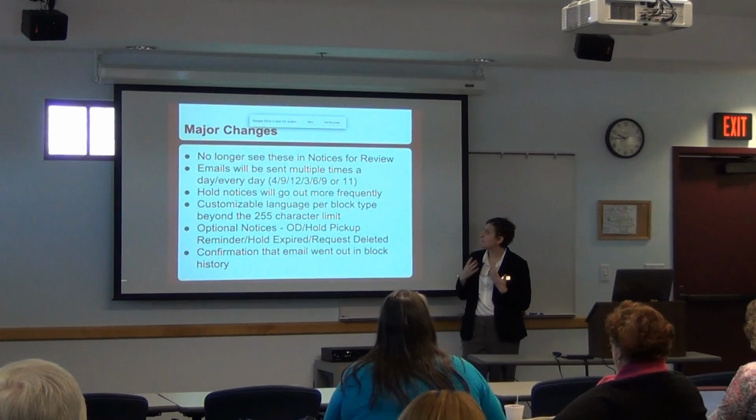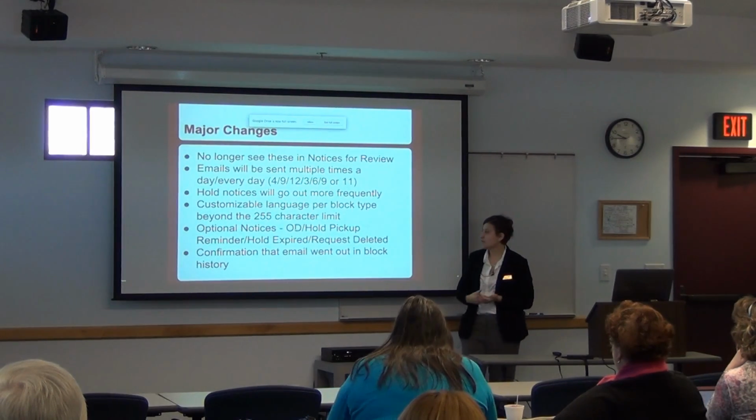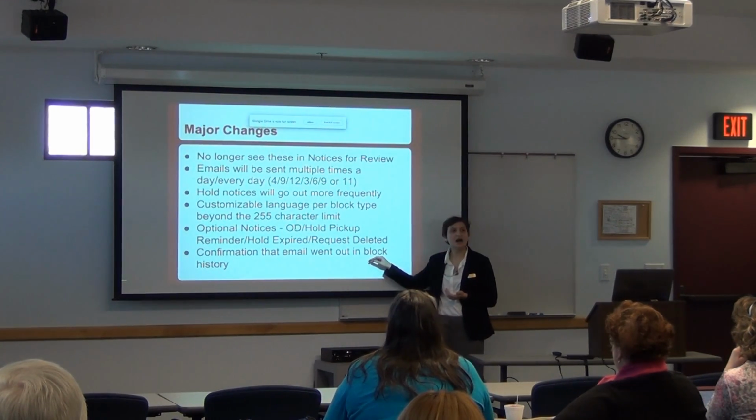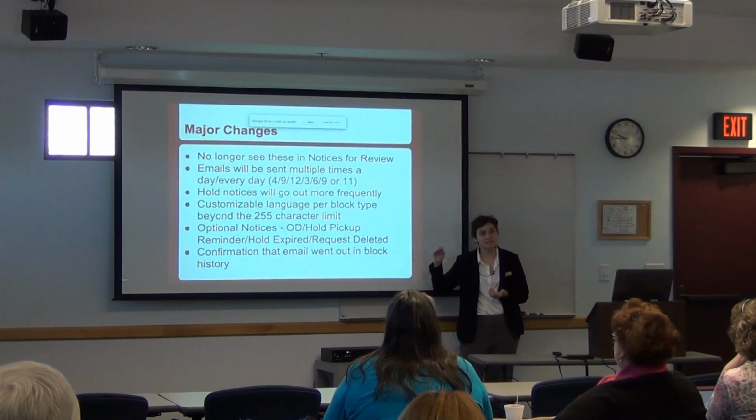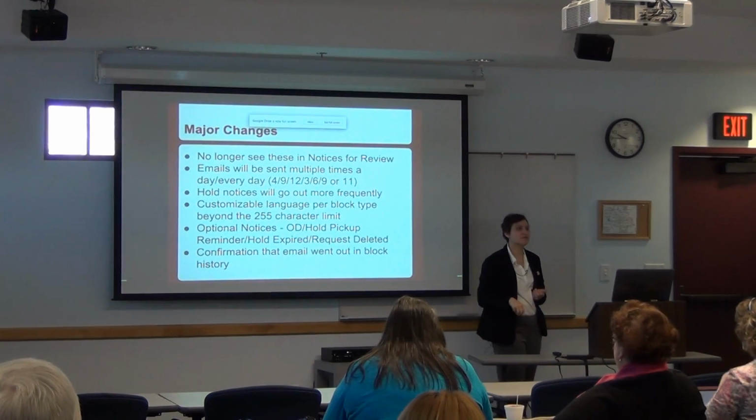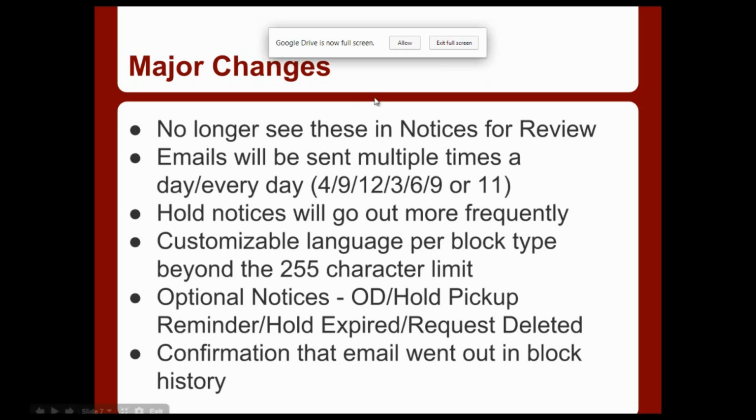But perhaps one of the best things about doing this is this bottom bullet where you get confirmation that the email was sent in the block history of the borrower's record. So here's an example.